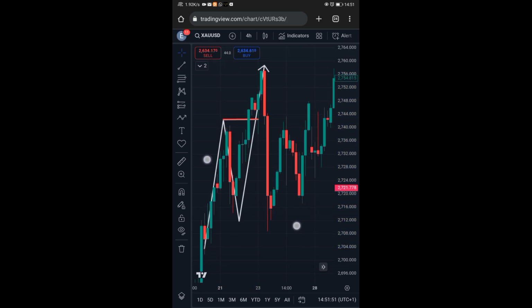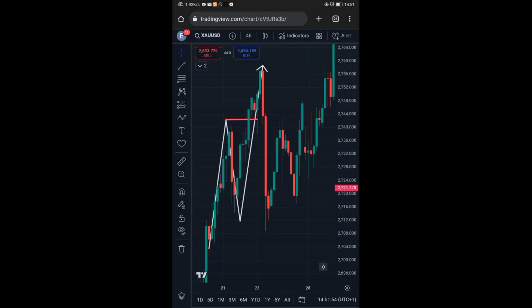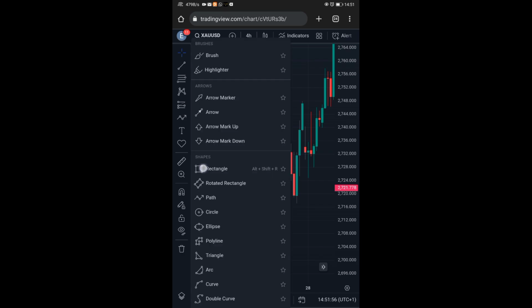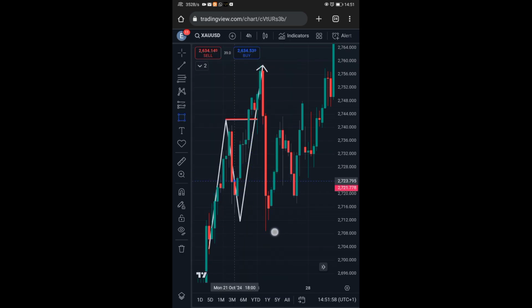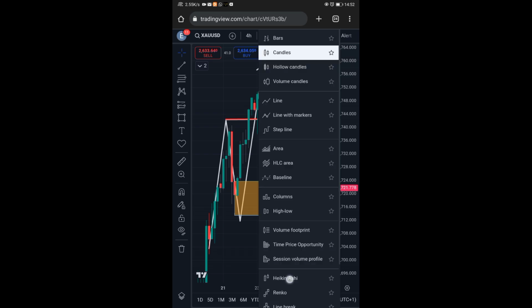So what happened? We are waiting for the market to come back to this zone for us to take our trade on this zone. Like I said, for you to really know what you are doing, you should turn it to a Heikin Ashi candle, which I'll do right away.